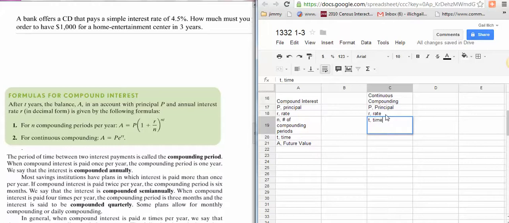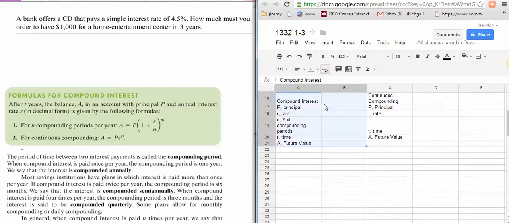When you look at this formula, that e is actually a command that we're going to get on the calculators, I mean on the spreadsheet, so we don't need to have a row for the e. And of course, we're going to end up with an A, which is our future value. So we have 2 different formulas that we're going to make little charts for.